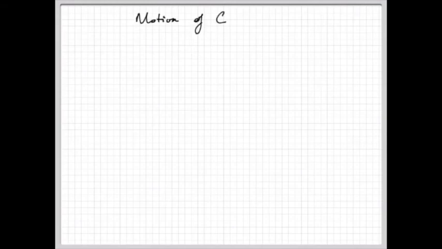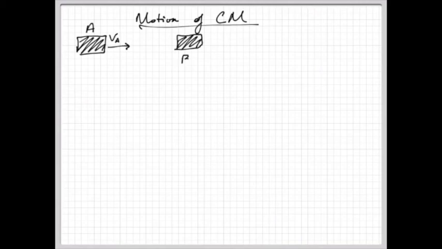All right, now one of the more interesting things of center of mass is when we look at the motion of the center of mass. Okay, so if we have a system, say a box or a car moving with some speed and another box moving with some speed, now they're going to come in and collide. Well, we can find the x center of mass of this system, just doing the normal way.